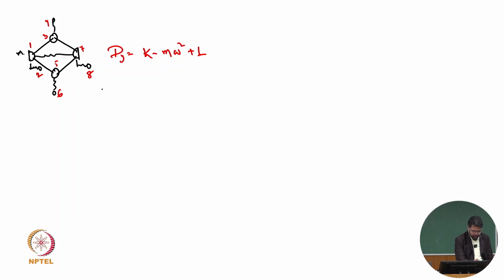So if you think this is m1 by 2, this is m1 by 2, this is m2 by 2, this is also m2 by 2, this is ma, this is ma, and this is m3, this is also m3. Automatically k3, k3. Is that visible?